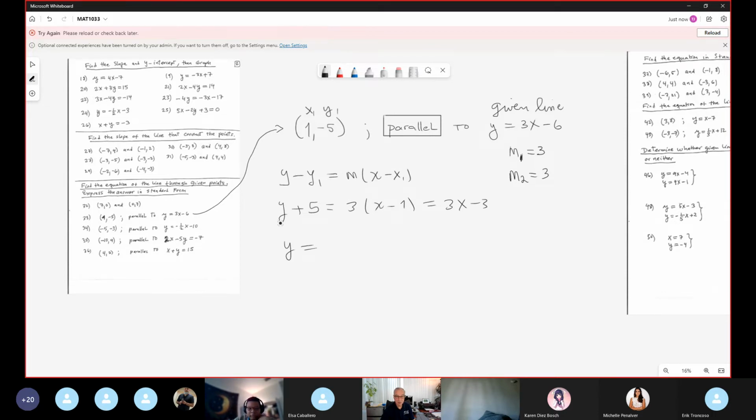Isolate the y alone: 3x minus 3 minus 5. y is equal to 3x minus 8. Done. Let me fix this 3, it is horrible. 3x minus 8. Okay, clear?